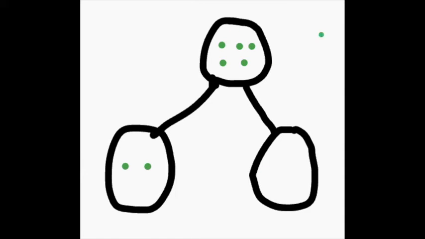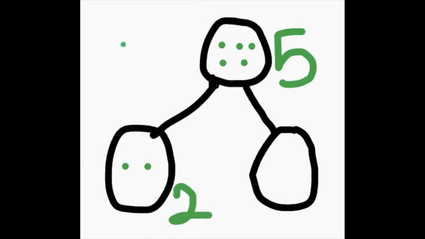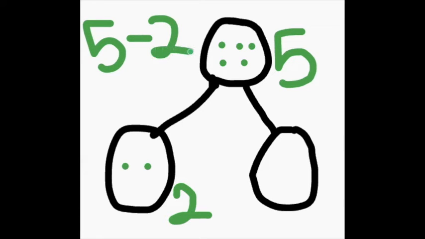Well, let's see. If we had 5 as the whole, we're giving 2 to you. 5 minus 2 equals 3. Make a teeny tiny little 3 up there.